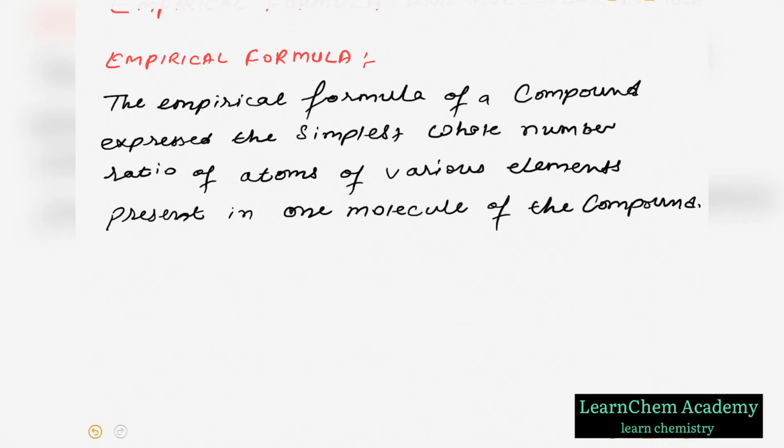So the empirical formula of a compound expresses the simplest whole number ratio of atoms of various elements present in one molecule of the compound.